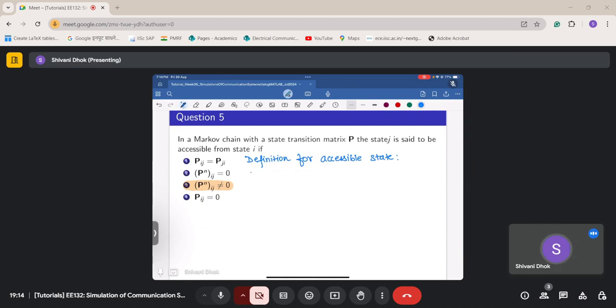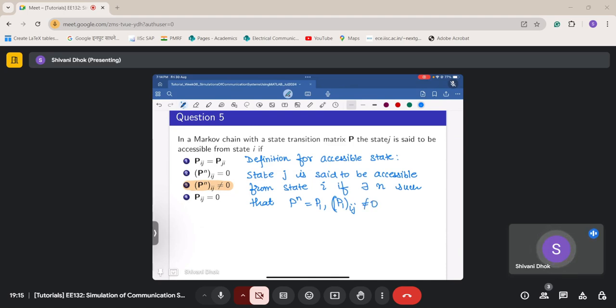So it says that state J is said to be accessible from state I if there exists an n such that P to the power n, let's say this is P1, and P1's I comma jth entry is not equal to 0, which means that, so this is also a transition matrix.